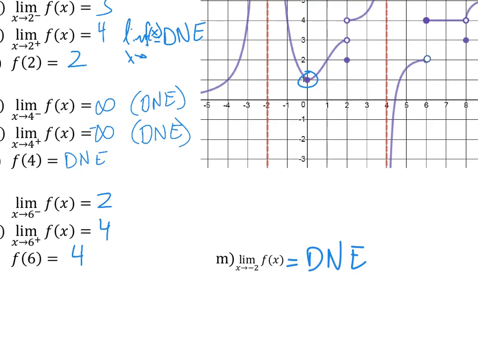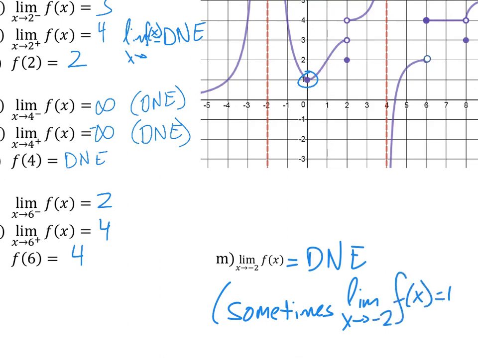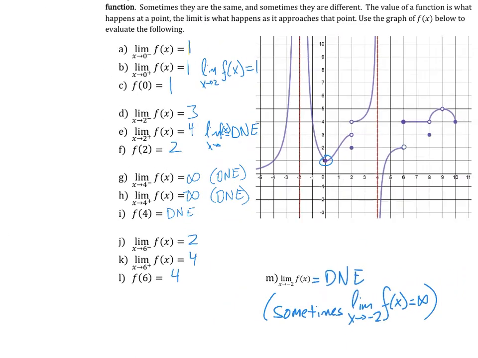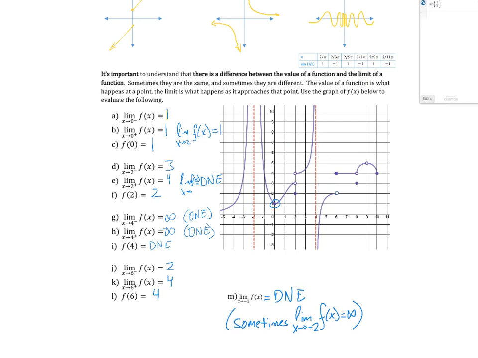So we're going to say does not exist. Okay, this is kind of a tricky one. Sometimes you'll see that we say the limit is infinity, all right? By saying that the limit is infinity, it doesn't really mean that the limit exists, because infinity is not a number, but it gives us an idea of the direction.